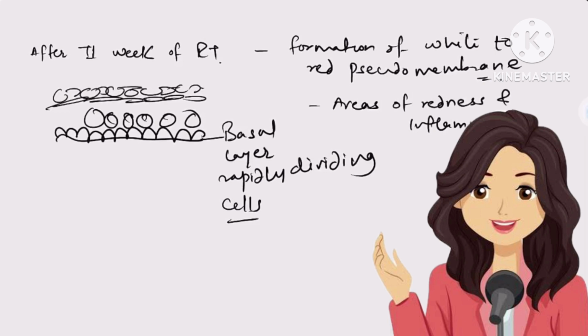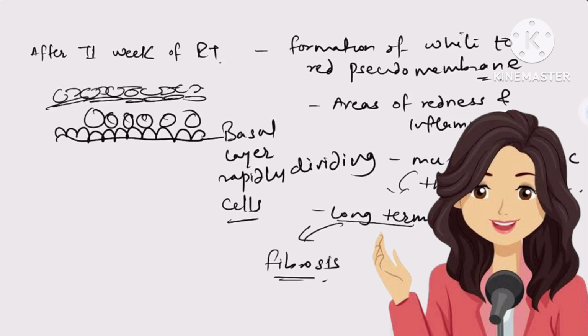When we continue the radiotherapy, the mucosa becomes more atrophic and avascular. Continue this process, and long-term atrophy results in what? Fibrosis in the underlying connective tissue.